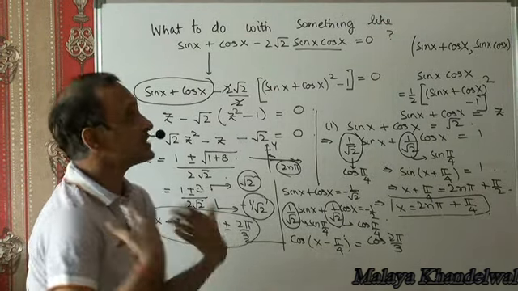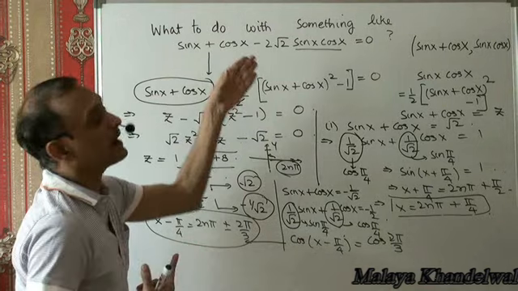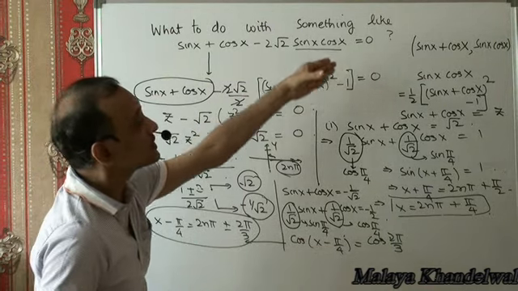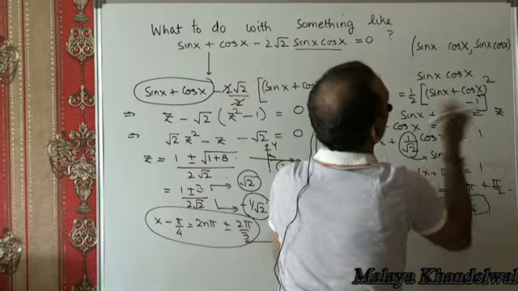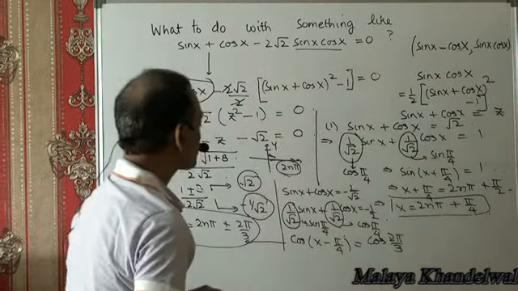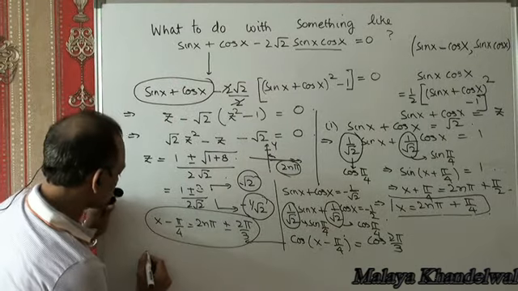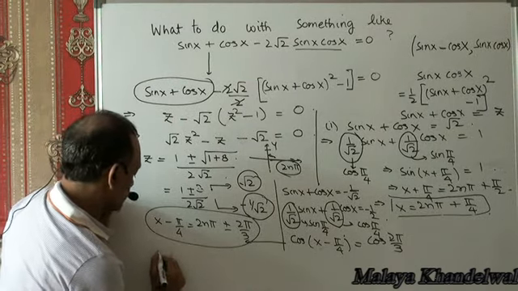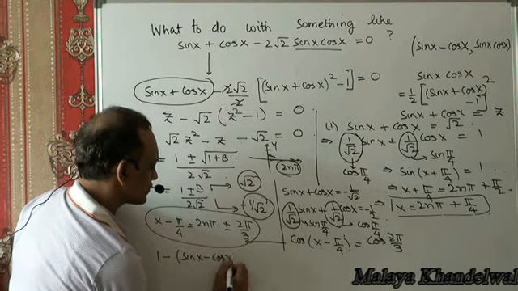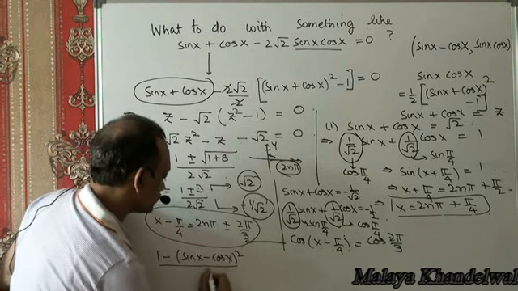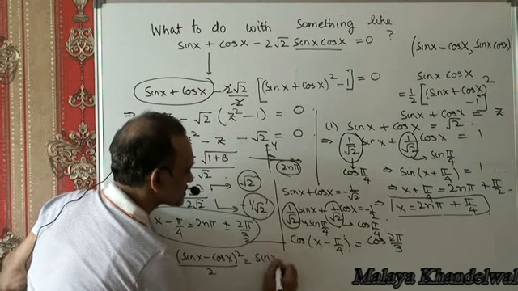In fact, there are times you would encounter sin x minus cos x and sin x cos x. So sin x cos x could also have been written in terms of sin x minus cos x. How? Very simple. 1 minus sin x minus cos x whole squared, by 2, will give me sin x cos x.